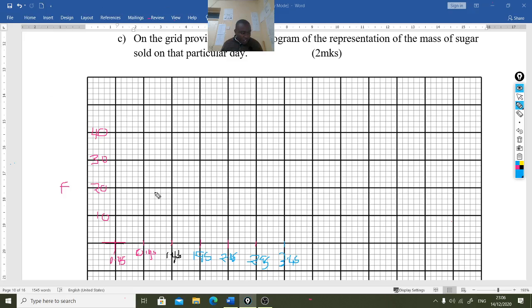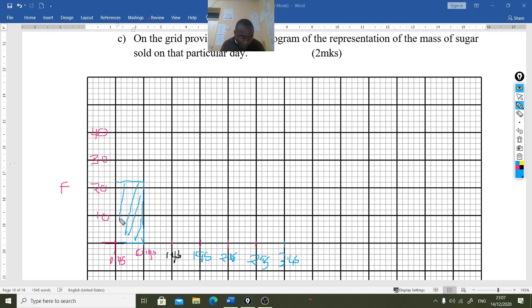Now you need to draw the histogram. Remember, the first class had a frequency of 22. I gave each division 2, so 22 would be here. From here you draw the bars.